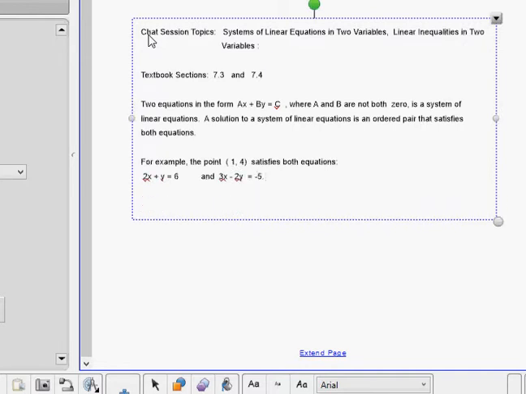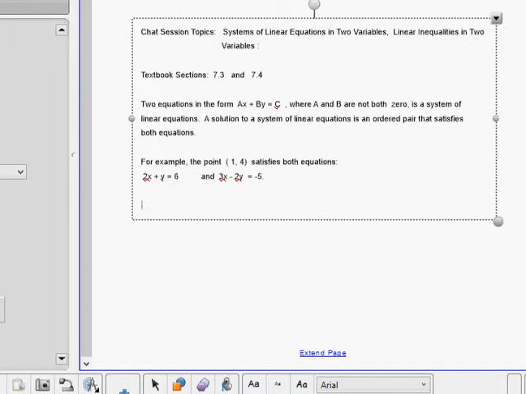If we plugged in 1 for x and 4 for y, we would get a true statement for both equations. Now, there are different methods for solving a system of linear equations.